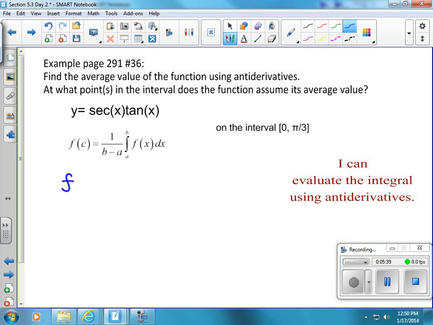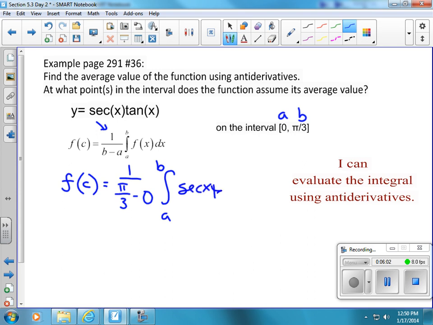We're going to find the average value first. The average value is the right-hand side of this equation. So it's 1 over pi over 3 minus 0, because this is A, this is B, and then we take the integral from A to B of secant tangent. So let's do some calculations with that.